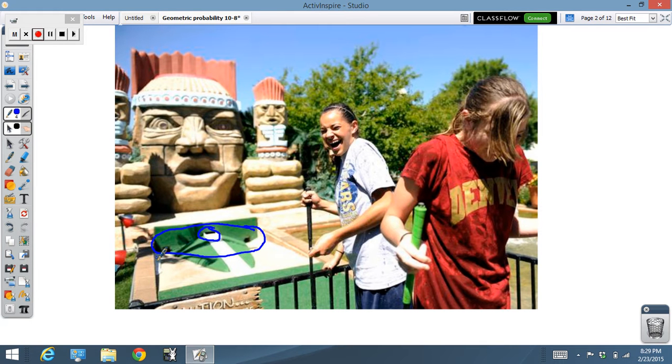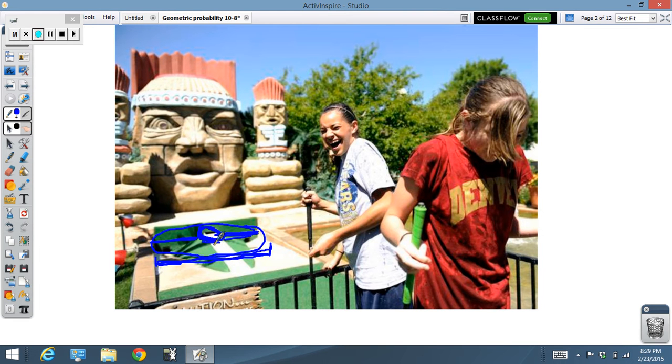I'm going to assume this whole length from side to side is, let's say, 48 inches, and my little target here is 6 inches. So we have to figure out the probability that if we were making a random shot, not aiming, and we'll talk about that a little bit later, we get in the little hole, a 6-inch hole out of a total length of 48 inches.